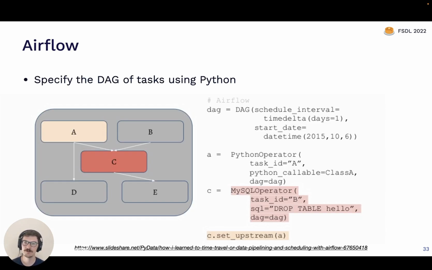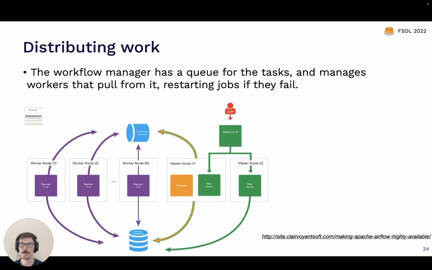Airflow is a pretty standard solution for Python, where it's possible to specify the acyclical graph of tasks using Python code. And the operators in that graph can be SQL operations or actually Python functions and other plugins for Airflow.